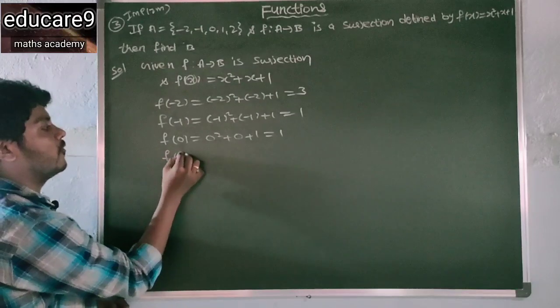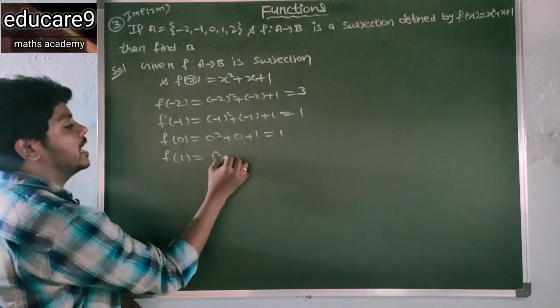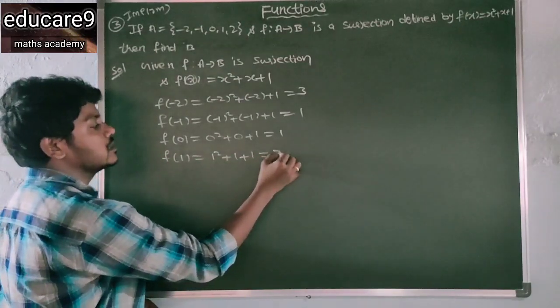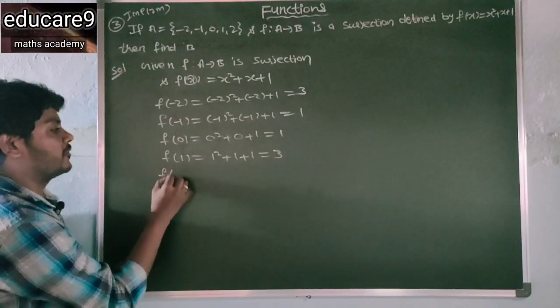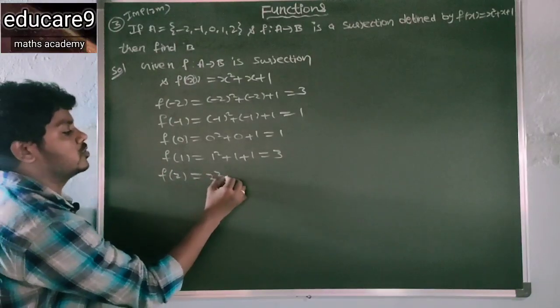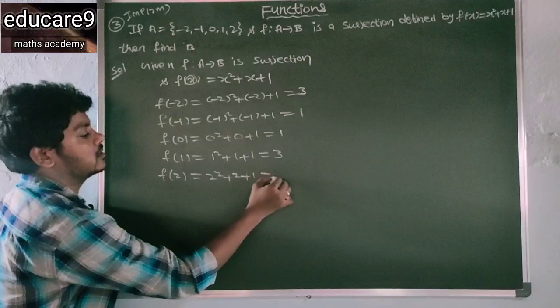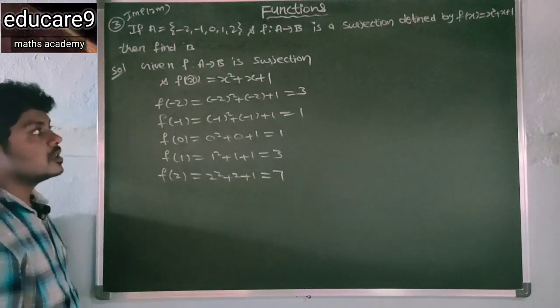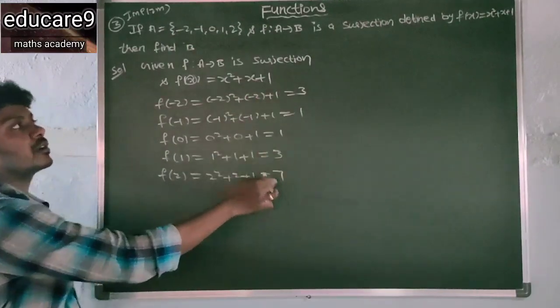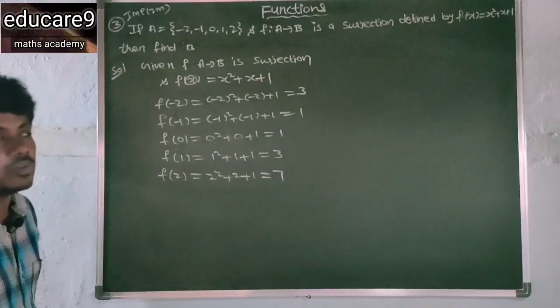And f of 1 is 1 square plus 1 plus 1, this is 3. And f of 2 is 2 square plus 2 plus 1, so that is 7. So these are all values of what? Range values.